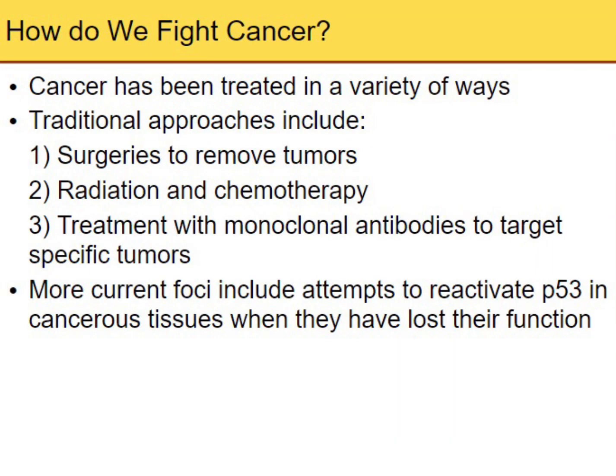It's been a decade and various research and development has proved that cancer can be treated in a variety of ways, such as surgeries to remove tumors, radiation and chemotherapy, and treatment with monoclonal antibodies to target specific tumors. More current foci include attempts to reactivate P53 in cancerous tissues when they have lost their function.